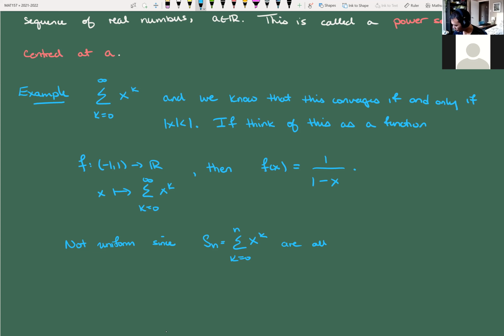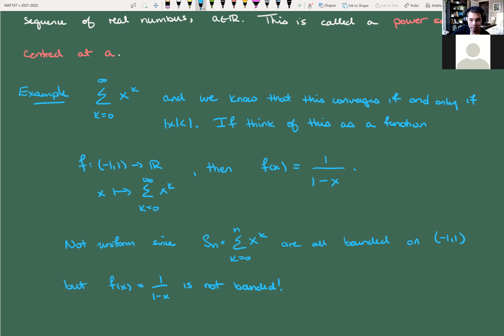But our function 1/(1 - x) is not bounded, because it has a vertical asymptote as we approach 1 from the left. So f of x equals 1/(1 - x) is not bounded, okay? So convergence here isn't uniform.